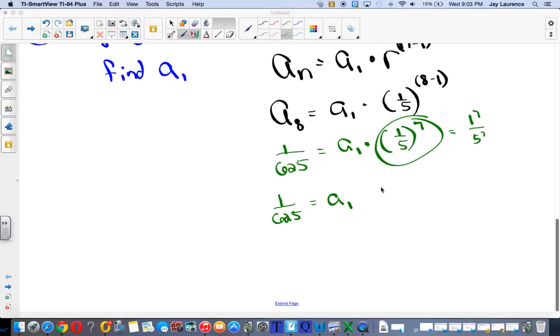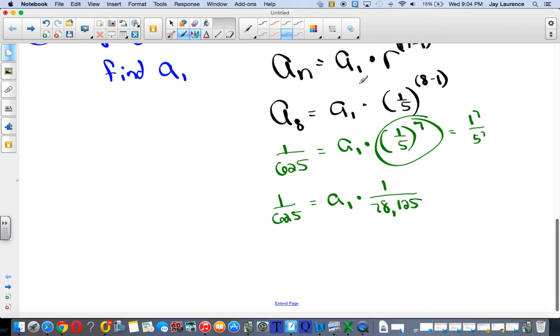So I'm going to have a sub 1 times 1 over 78,125. Okay, now I'm going to divide both sides by this fraction, right?